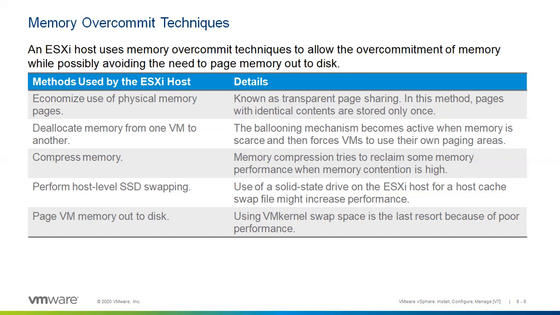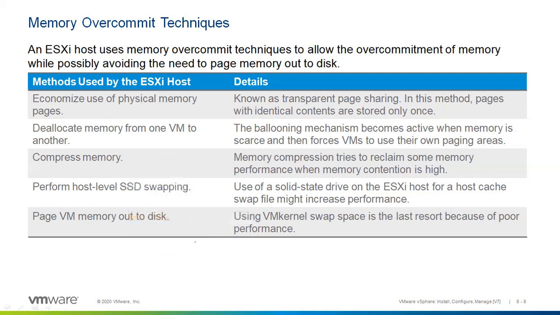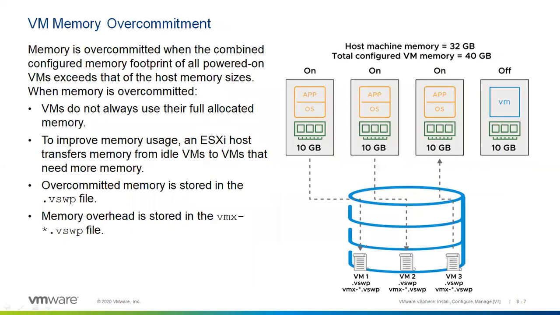Deallocating memory from one VM to another. Memory allocation is always dynamic here. Forget about the swap for now. For a virtual machine, you have given 10 GB, but the 10 GB is not actually used.